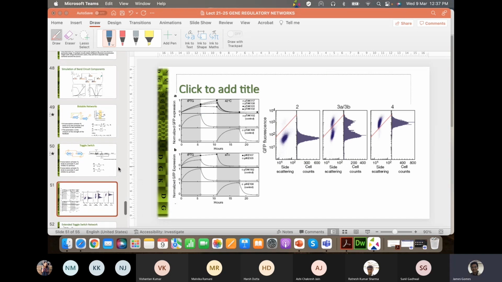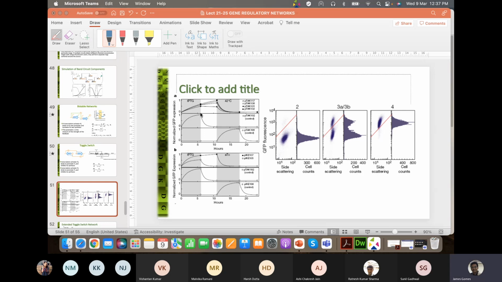And then we have also, so this is actually a demonstration of that, really. So you can see that if you have IPTG given, and then there are different temperature conditions at which this happens. So you have the normalized GFP on this axis, and IPTG being added here, and the time in hours as things happen.